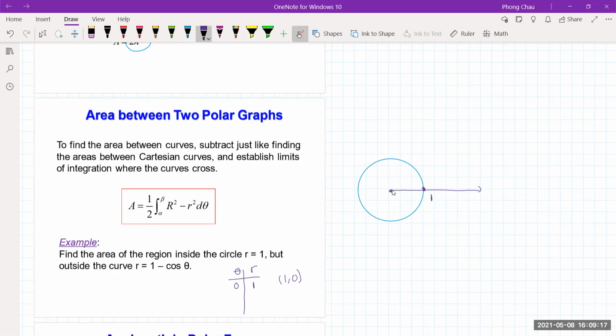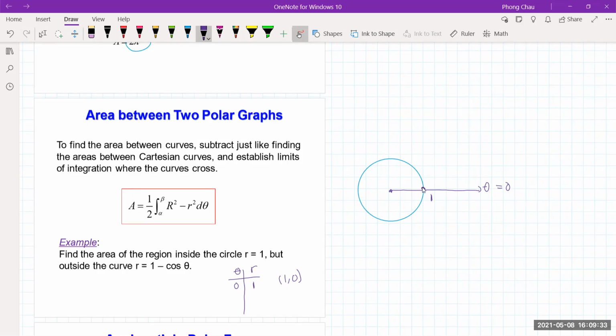So when theta equals 0, the distance r is 1 for the circle, so the intersection is at this place.